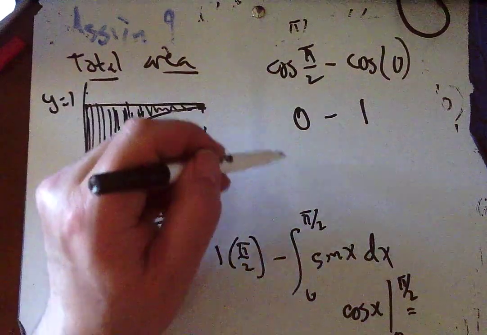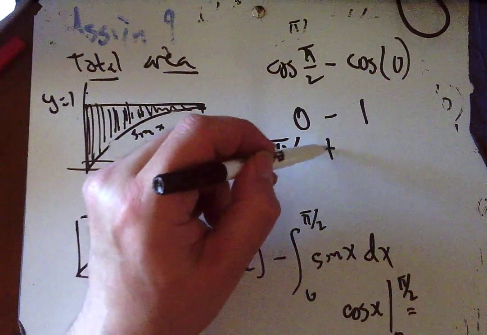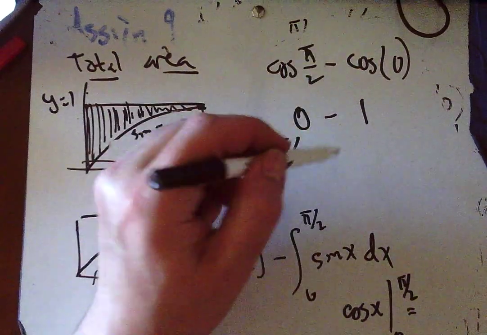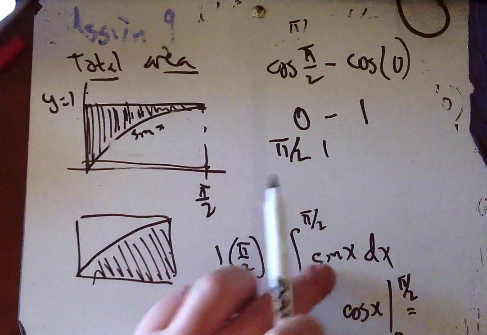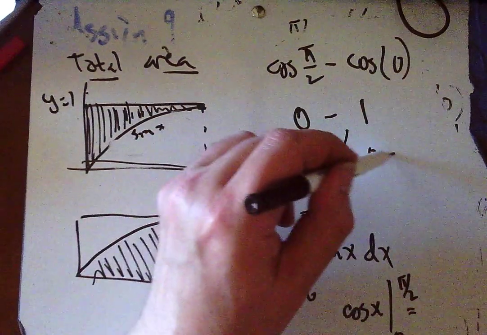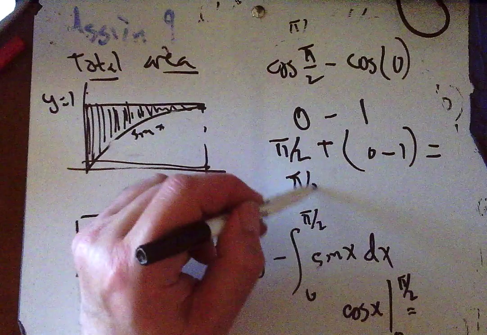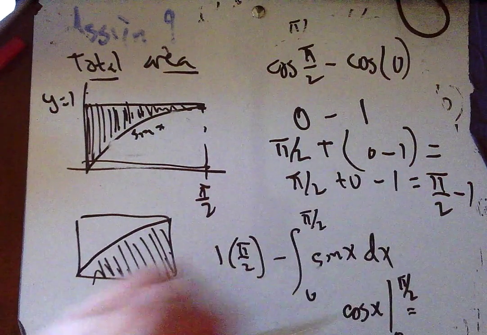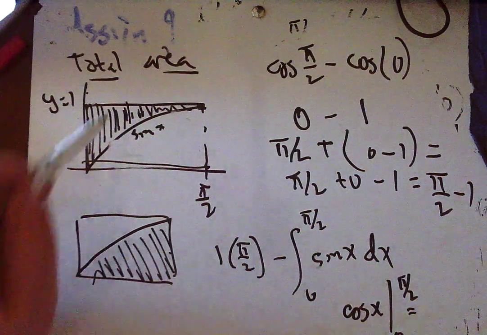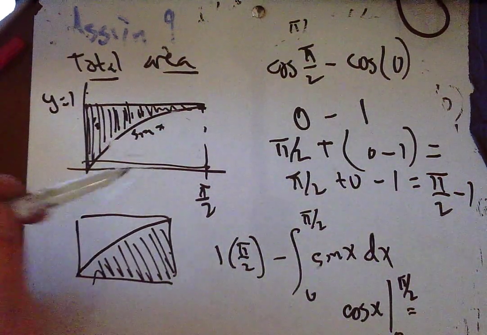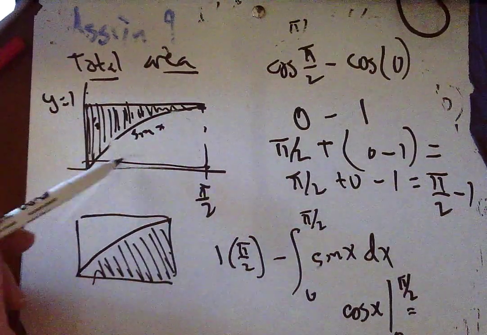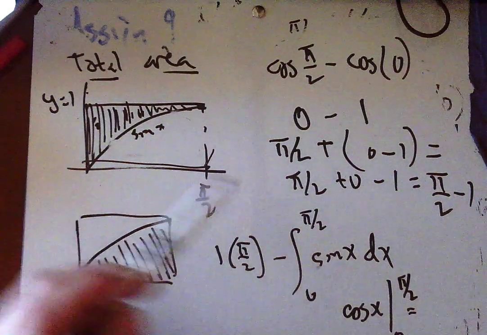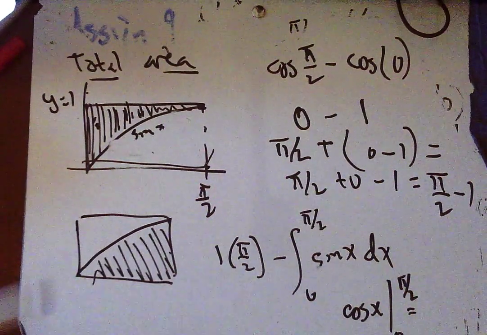So I've got pi over 2 plus 0 minus 1, pi over 2 minus 1. All right, so that's this area here, pi over 2 minus 1. Hey, didn't we just realize that the area of one of these portions of cosine was equal to 1? It's true for sine too.